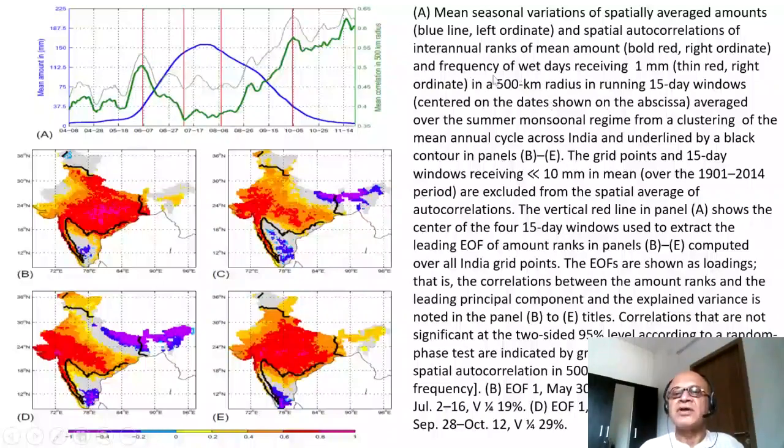And similarly, the frequency of wet days receiving 1 millimeter increases here, flattens during this period. So lots of them are happening, not decreasing, and then they increase again towards the withdrawal.